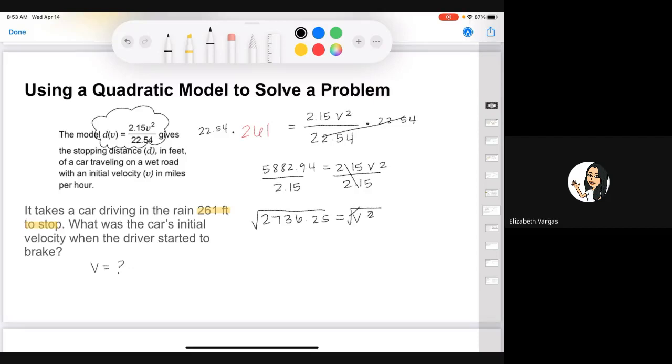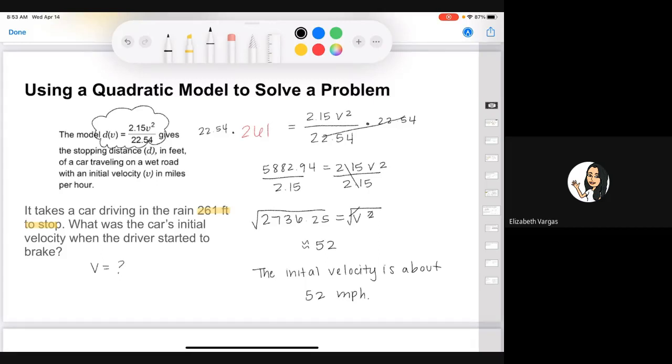And that will give me approximately 52. So that means that my initial velocity is about 52 miles per hour.